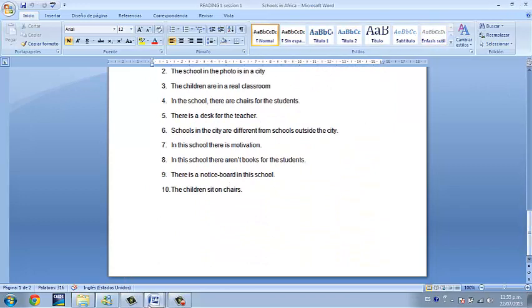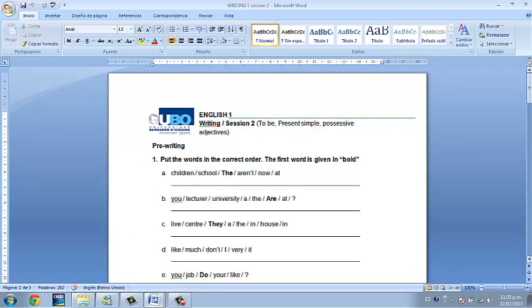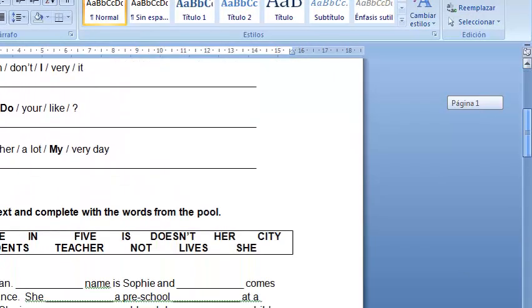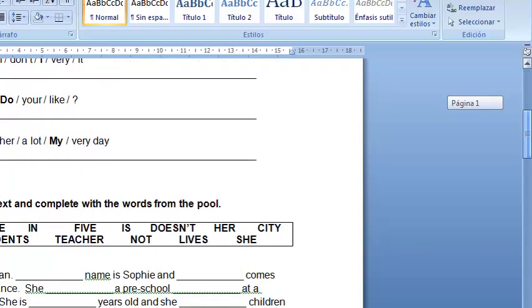Then the third class would be the writing session 2, which is pretty much word order. Then they will have some words so as to start creating their own sentences. Then number 2, look at this text and complete with the words from the pool.